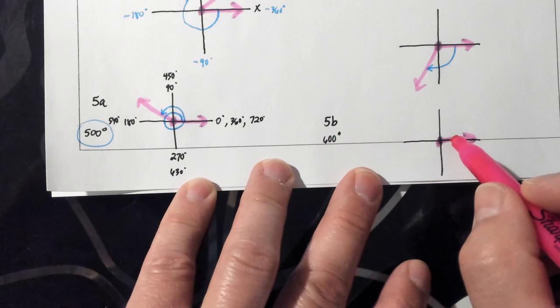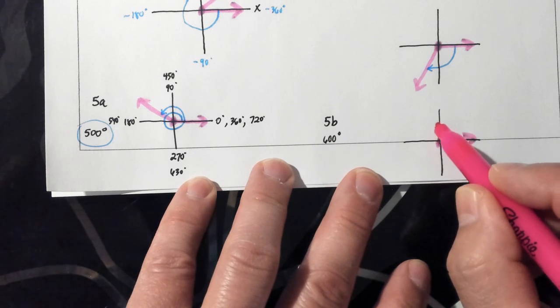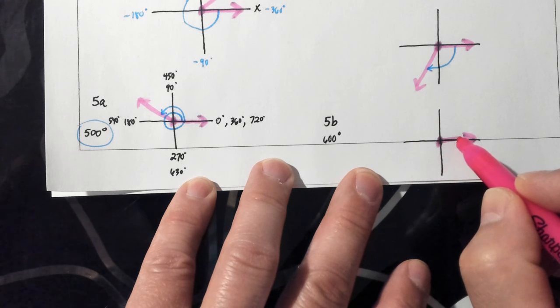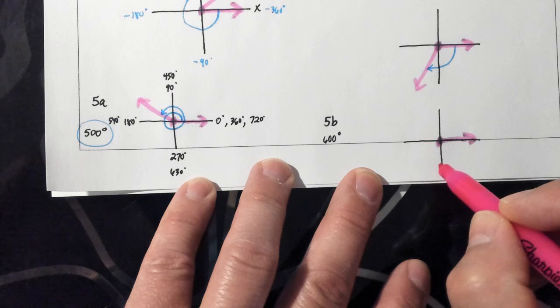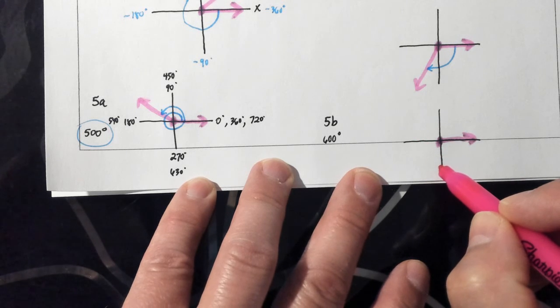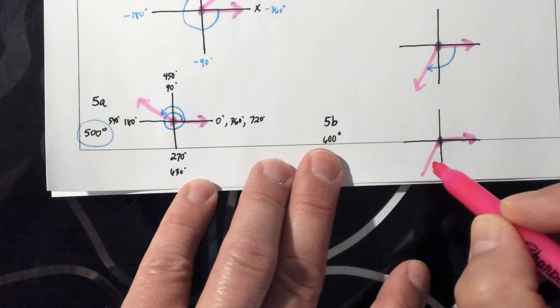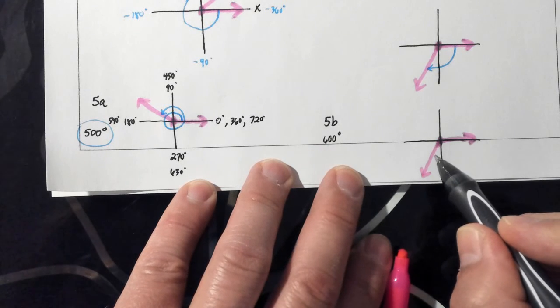It's positive, so you go up. That's 90, 180, 270, 360, 450, 540, 630 is here, so it's going to be 30 degrees short of 630. So this angle right here is about 30 degrees.